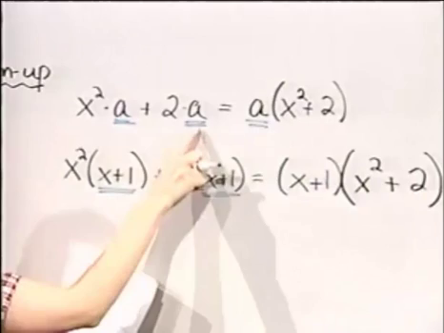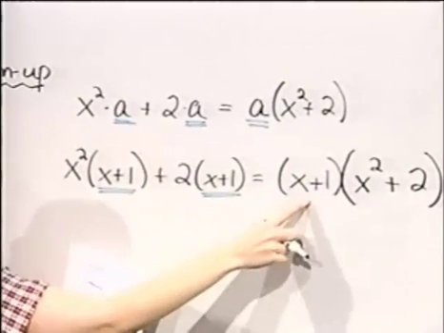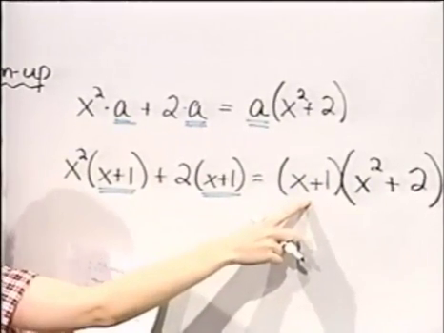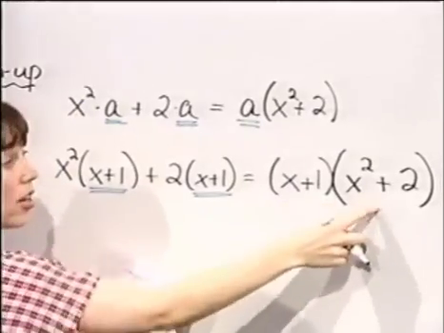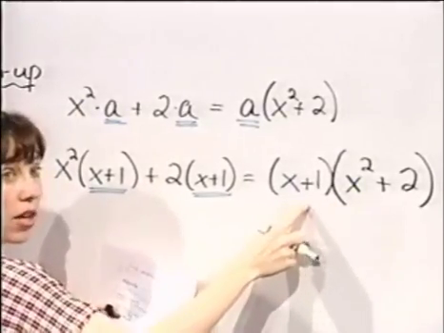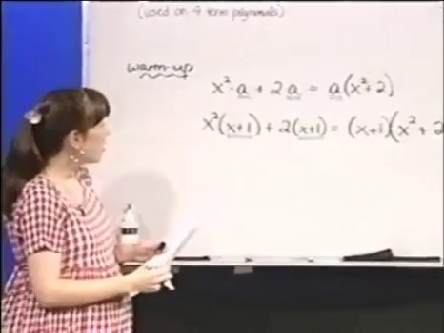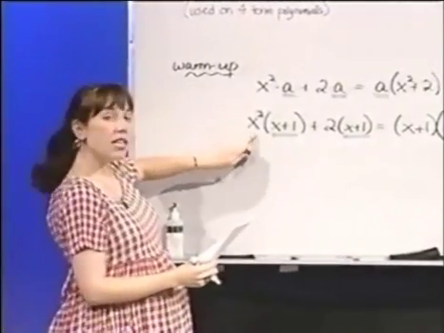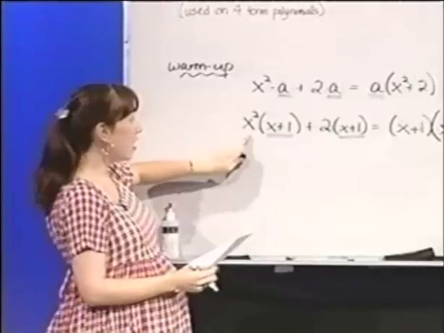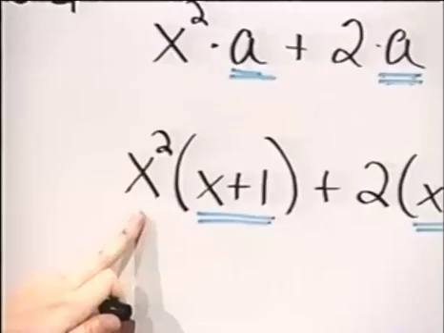The only thing that's different is instead of a, I have a quantity x plus 1 that I took out in front. So the final product here is x plus 1 times x squared plus 2. Okay? Keep this in mind. We're going to use this technique as we factor by grouping.